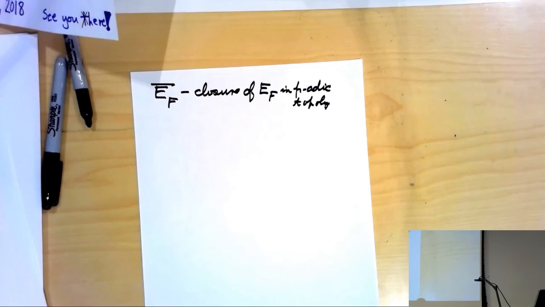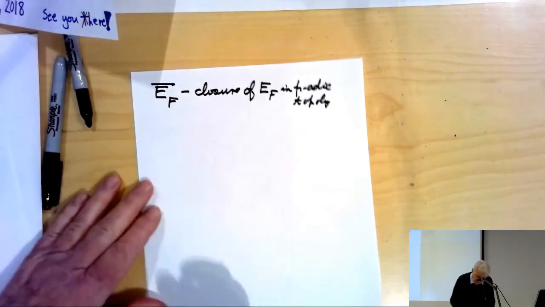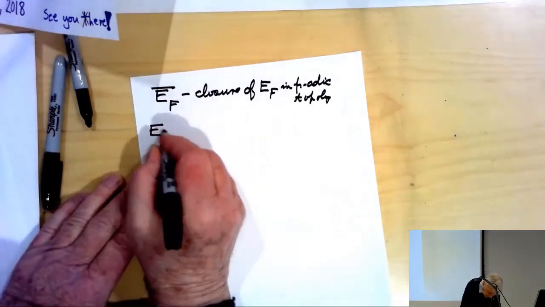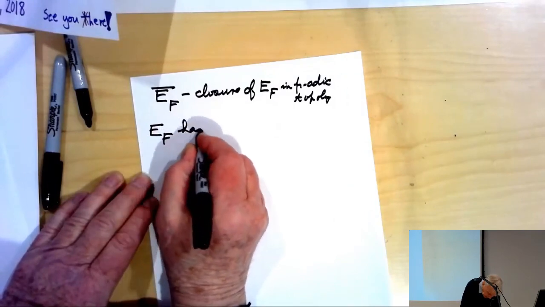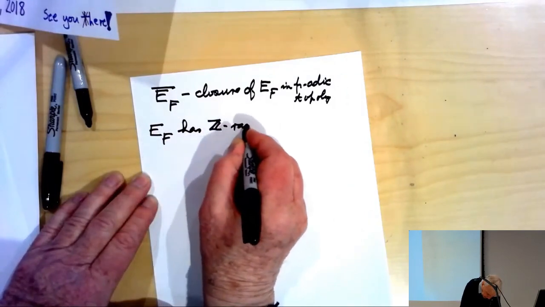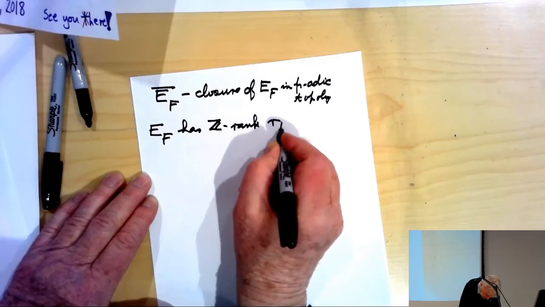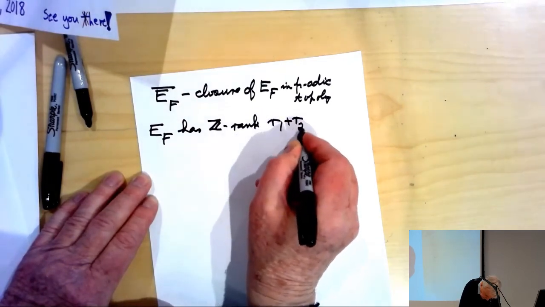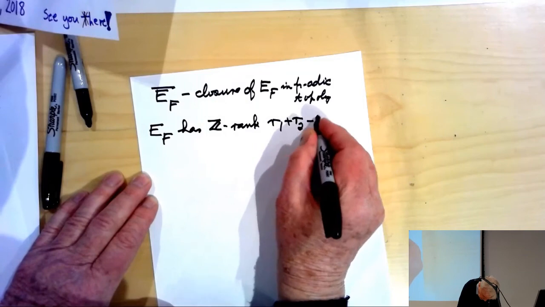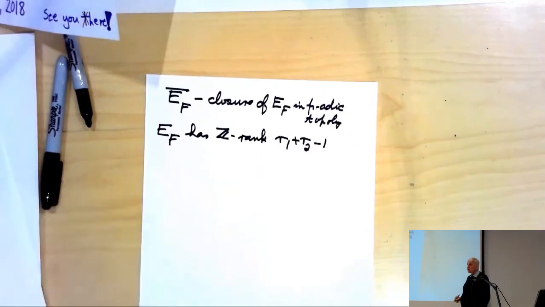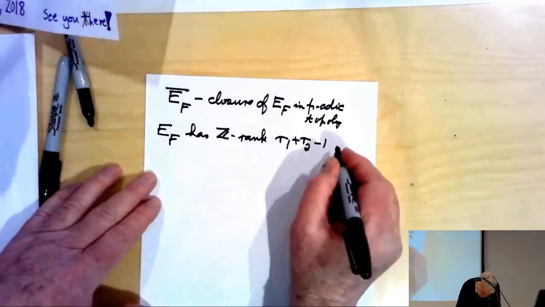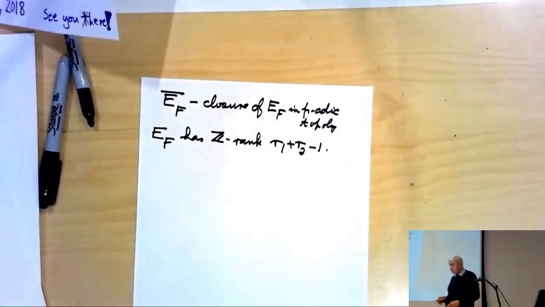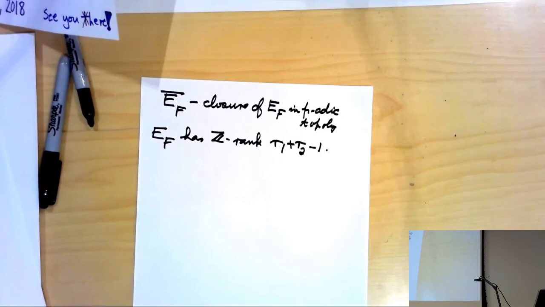And now, of course, by Dirichlet's theorem, EF has Z rank R1 plus R2 minus 1 as a Z module, where these are the real places and the number of pairs of complex places. But once we take the ZP module that they generate, on the face of it, there could be p-adic relations between them.